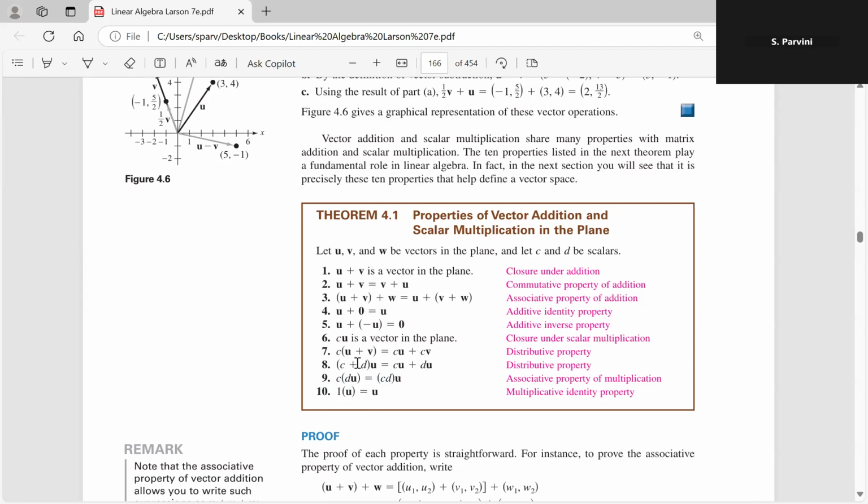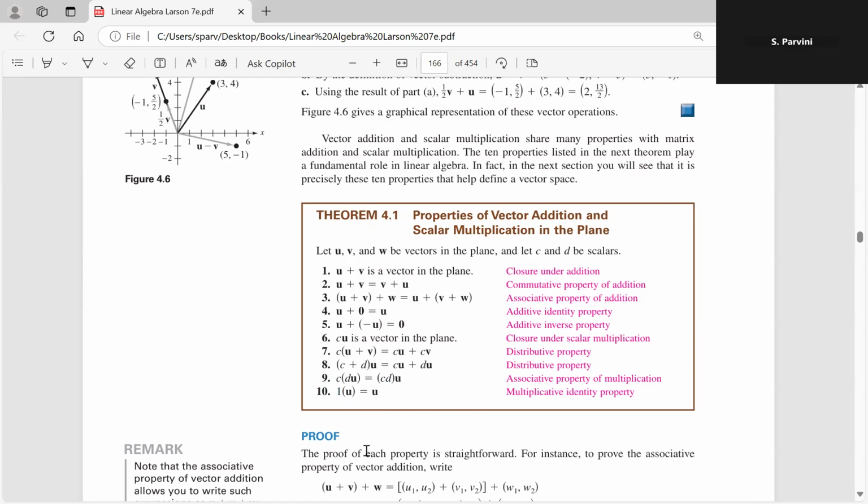And finally, we have the multiplicative identity. Remember, the additive identity is the 0 vector. The multiplicative identity says 1 times any vector gives you the vector itself. So those together make up the properties of vector addition and scalar multiplication.